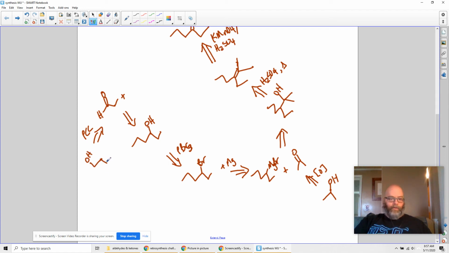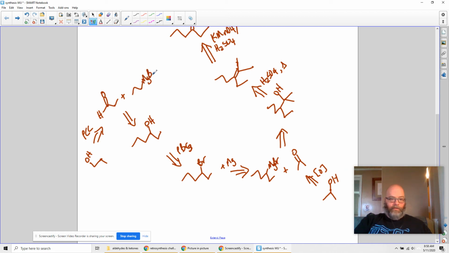That's 1, 2, 3, and then PCC would react and oxidize that into this component. So that's a 3-carbon alcohol, and my alkyl halide could ultimately be made from a 3-carbon alcohol as well. But I need a Grignard reagent to react here, and I need it to be 3 carbons.